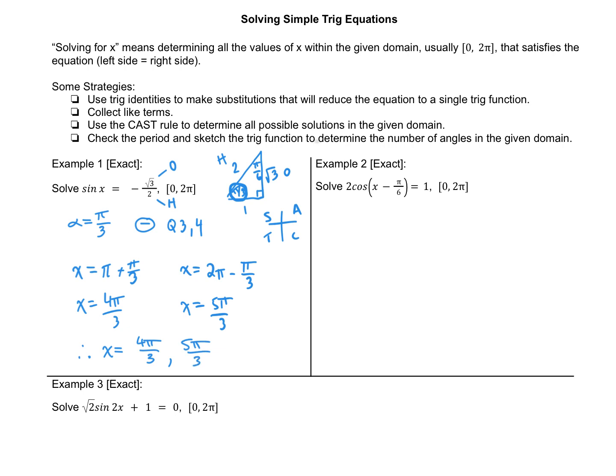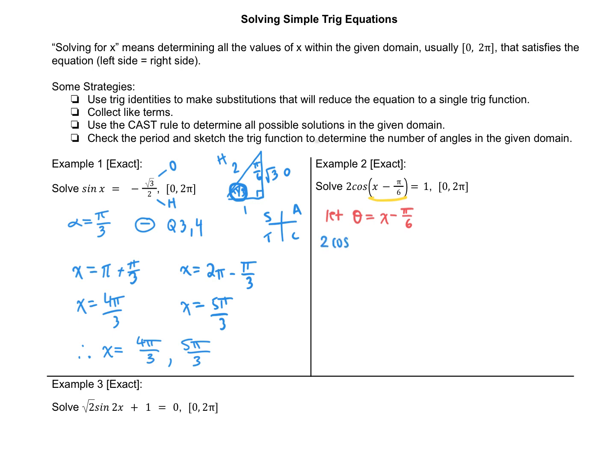Now let's go to our next one. We have 2 cos of x minus pi over 6 is equal to 1. Now this is a little bit more complicated than the previous question, so we can do a little modification to make our life easier, and that is, let's just replace x minus pi over 6 with theta, and then the rest of the process is going to look a lot nicer.